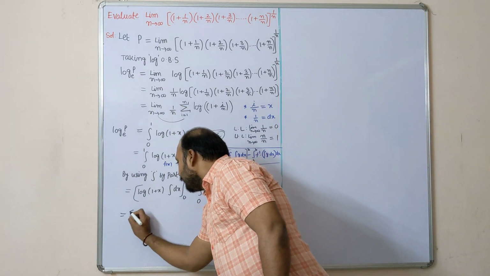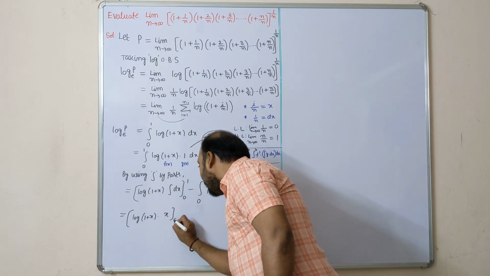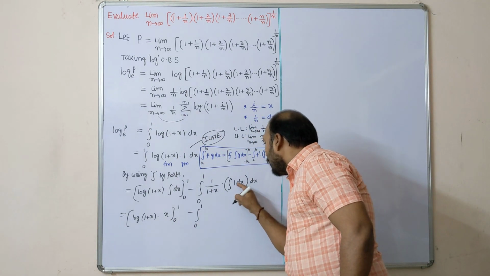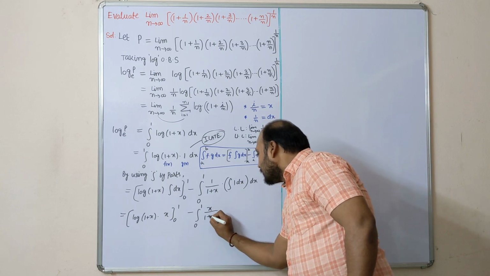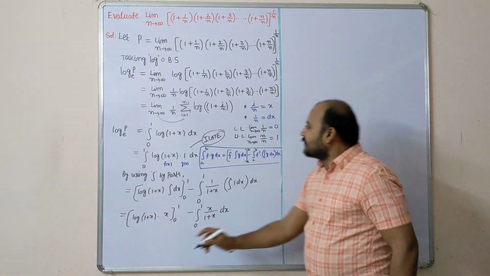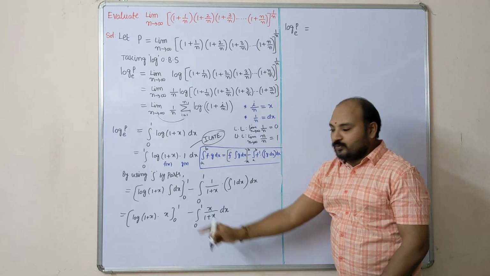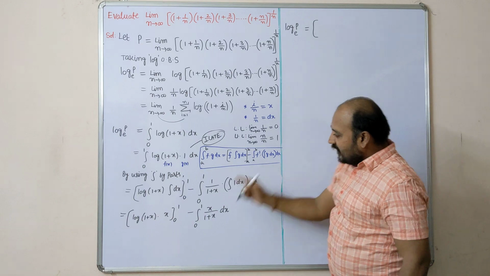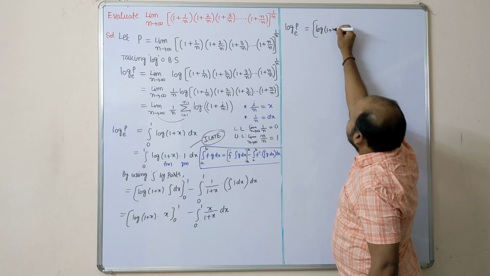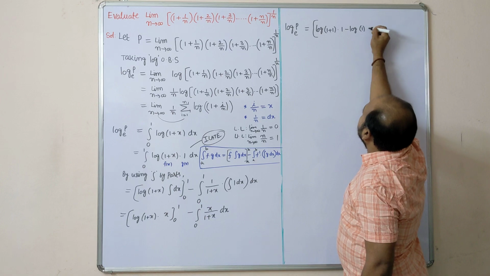So which is equal to log 1 plus x into integral dx is x, applying the limit 0 to 1, minus integral 0 to 1, integral 1 into dx is x by 1 plus x into dx. In place of x, substitute the upper limit. So log p to the base e is equal to, first upper limit in place of x, log of 1 plus 1 into 1, minus log 1 into 0.